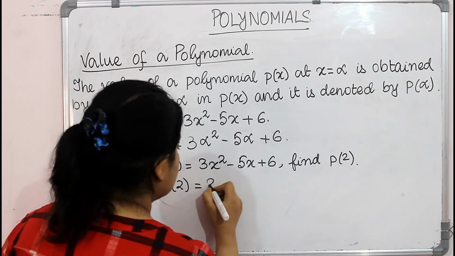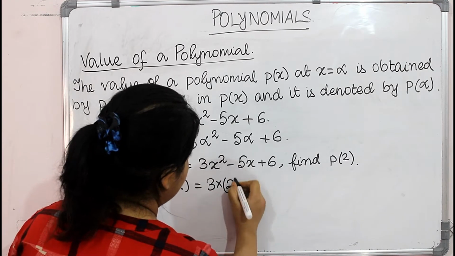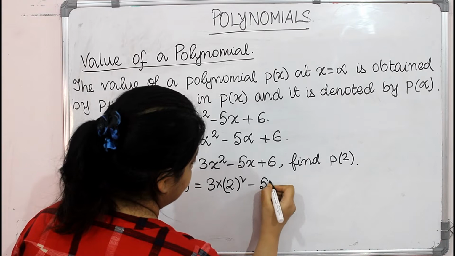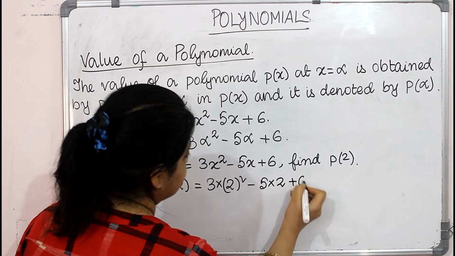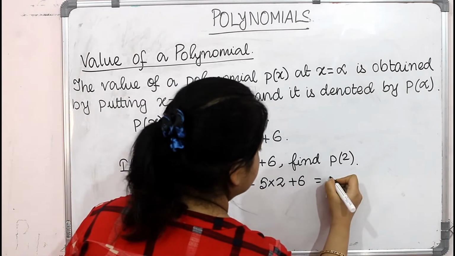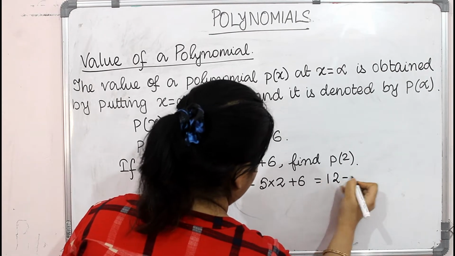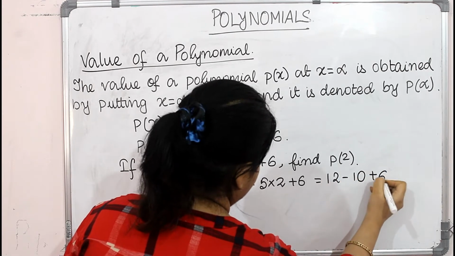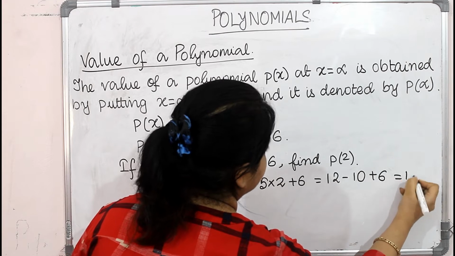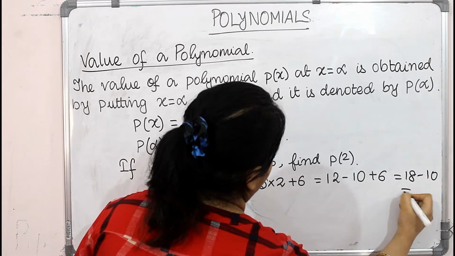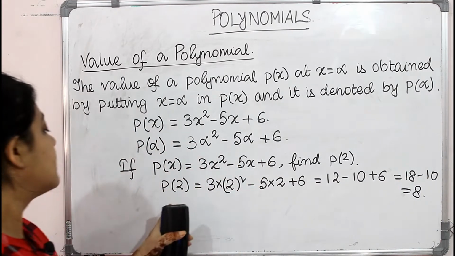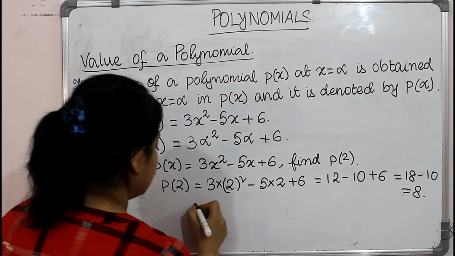So p(2) equals 3 into 2 square minus 5 into 2 plus 6. That is 12 minus 10 plus 6. 12 plus 6 is 18, minus 10 is 8.